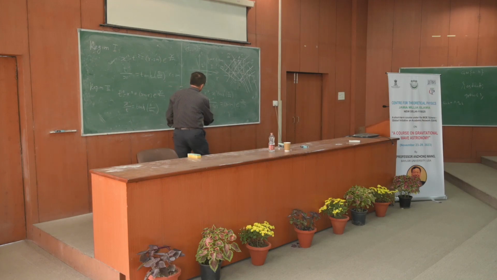Now x prime squared equals (r minus 2n) e to the r over 2n multiplied by cosh squared of t over 4n.